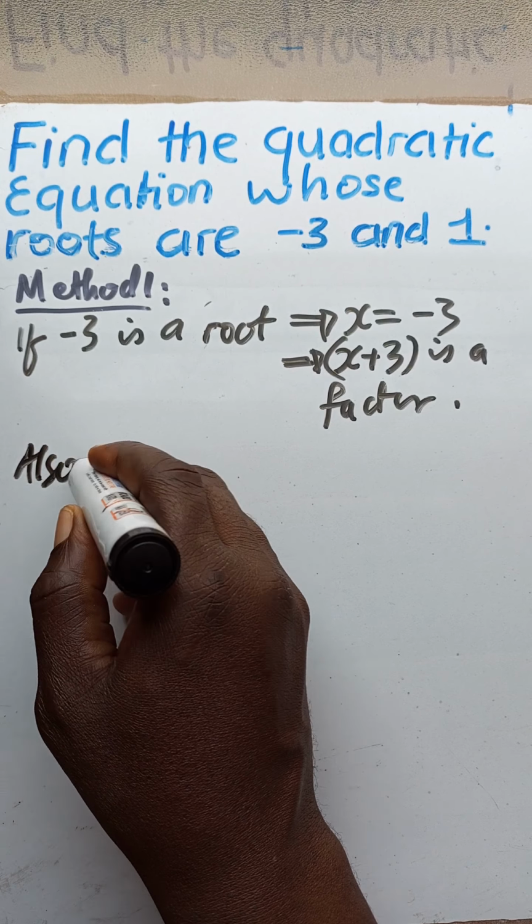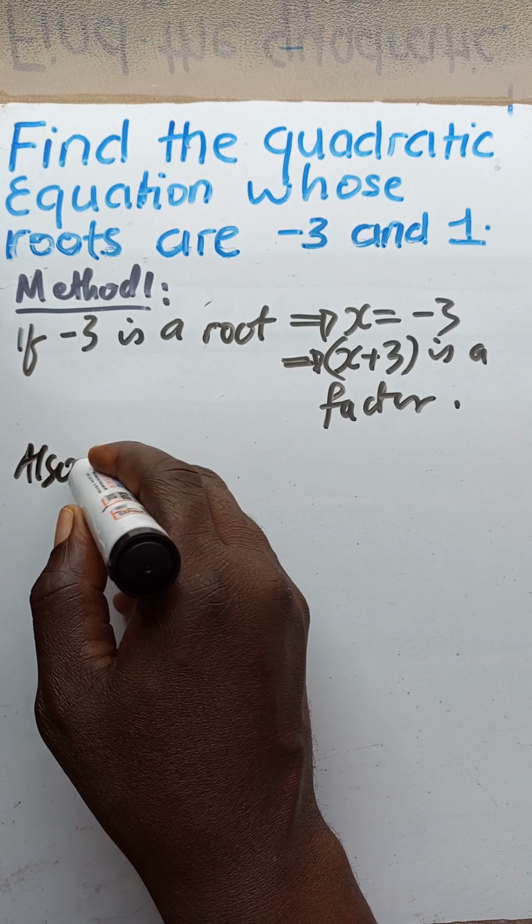Now, the equation is gotten by multiplying out the two factors. x multiplied to x is x squared, x multiplied to -1 is -x, 3 multiplied to x is positive 3x, 3 multiplied to -1 is -3.